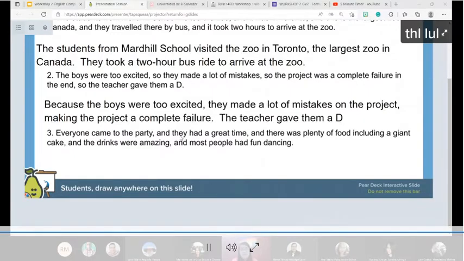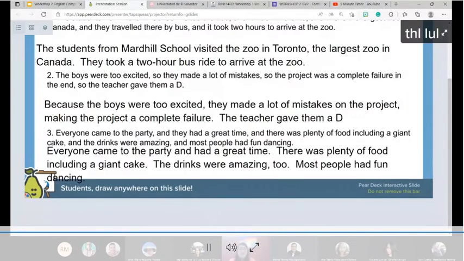One of the possible choices could be: everyone came to the party and had a great time. There was plenty of food, including a giant cake. The drinks were amazing too. Most people had fun dancing.